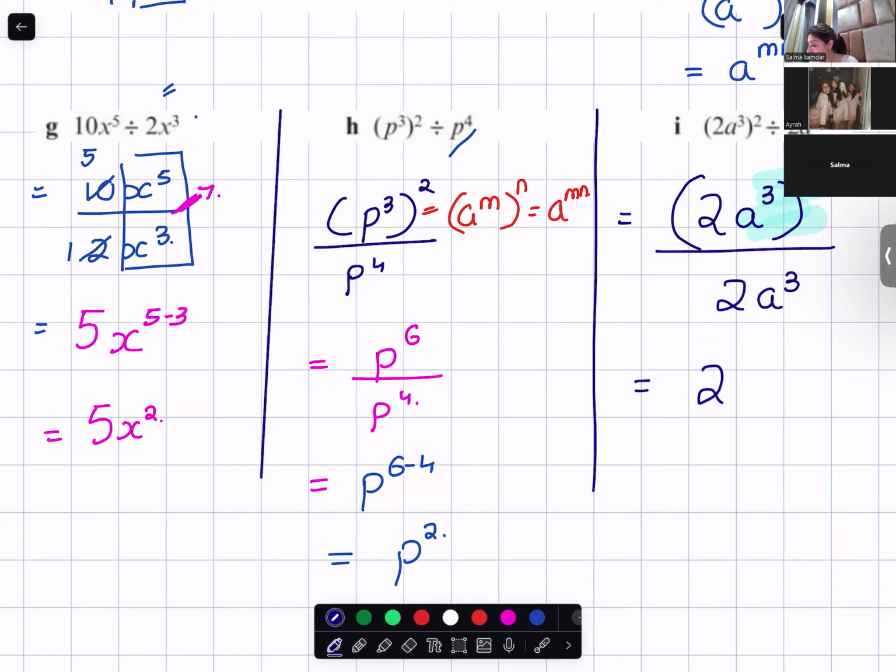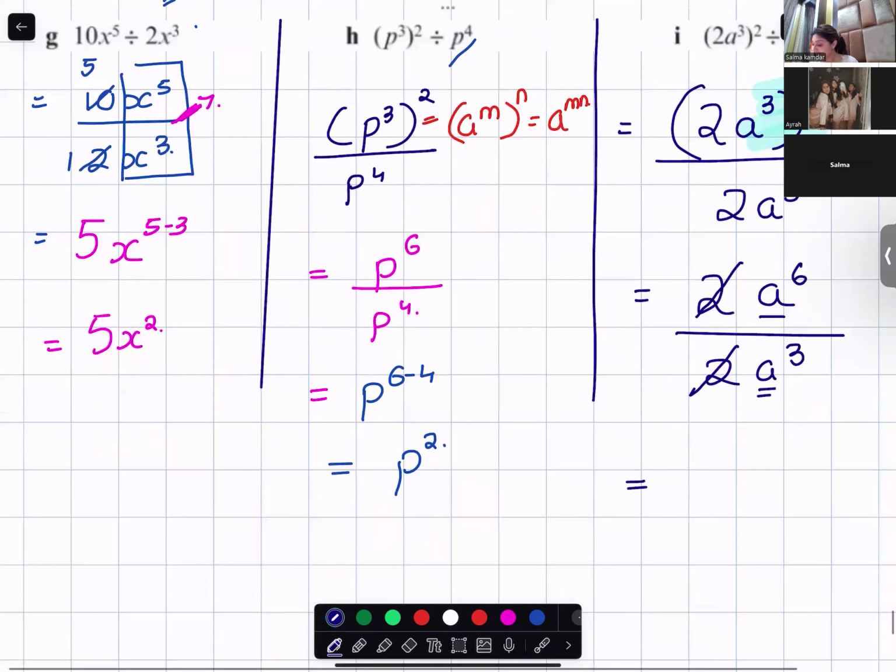So this will become 2a, this is exactly in the form of a raised to mn. So you're going to multiply this 3 and 2. So this will become a raised to 6 upon 2a cube. 2 and 2 gets cut. Base is the same. Division means subtraction. So it will become a raised to 6 minus 3. So this will become a raised to 3.